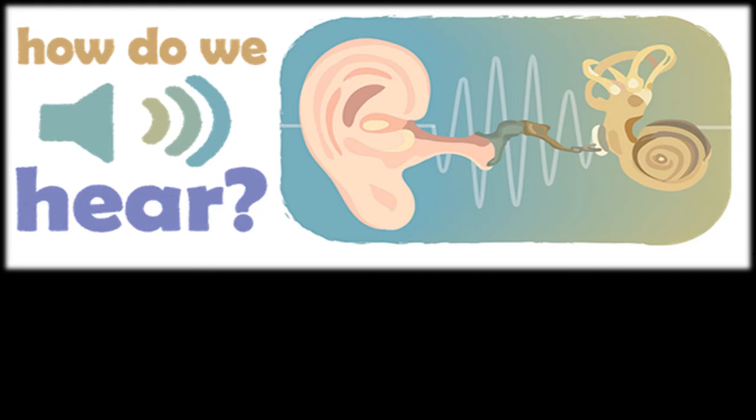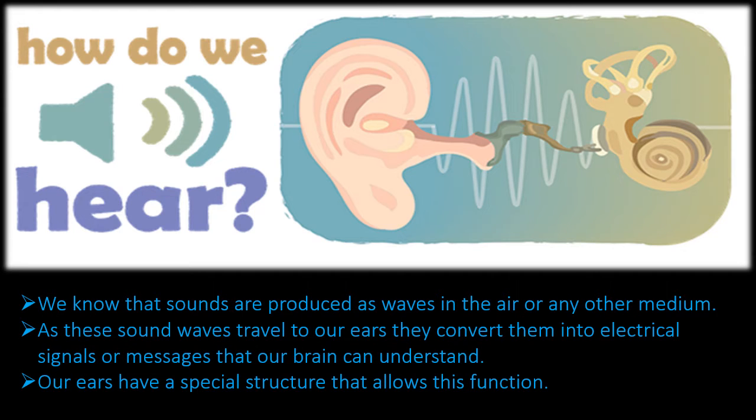We are able to hear sound from our surroundings through the sensory organ called the ear. When the sound propagating through air reaches our ear, we are able to hear. We know that sounds are produced as waves in the air or any other medium.